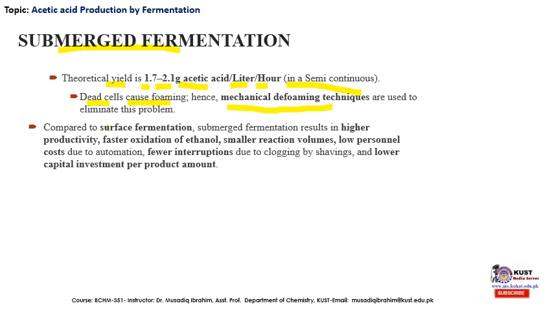Now, compared to the surface fermentation process, the submerged fermentation results in higher productivity, faster oxidation of ethanol, smaller reaction volumes, low personnel costs due to automation of the process, fewer interruptions due to the clogging by shavings, and lower capital investment per product amount.